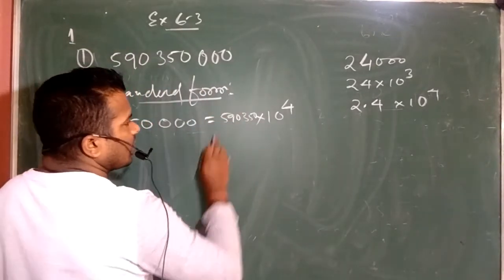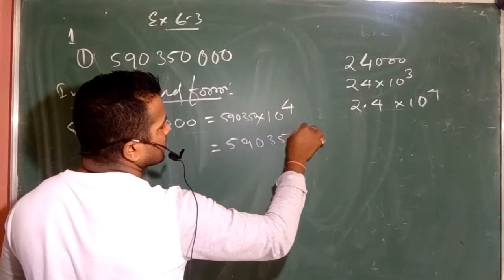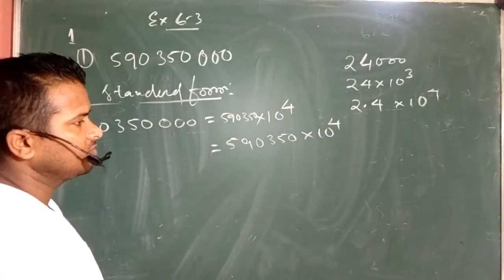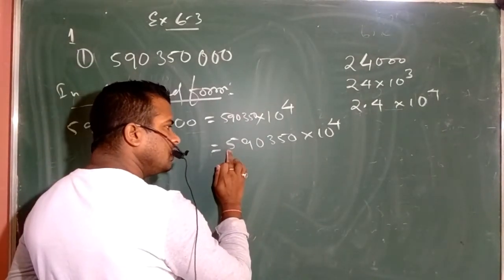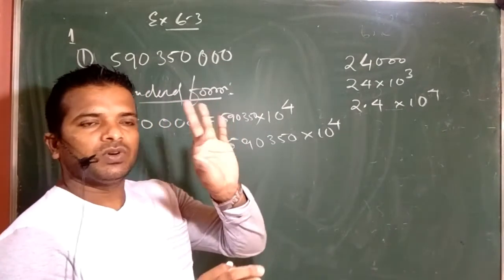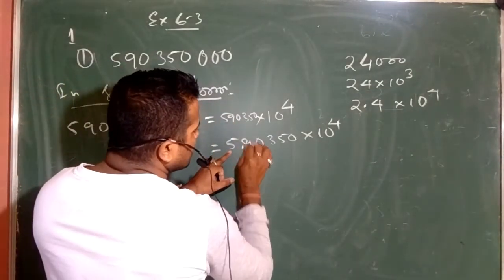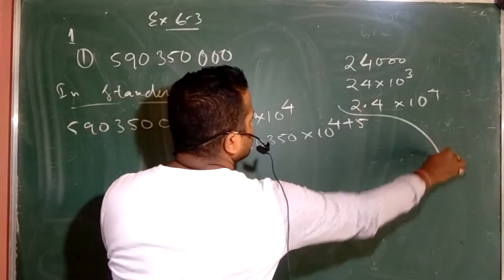So here also, 590 350 into 10 to the power 4. But here we will put the point so that only one digit, the unit place, is left on the left side. From here we will count it. So the point here means 1, 2, 3, 4, 5. That means plus 5.